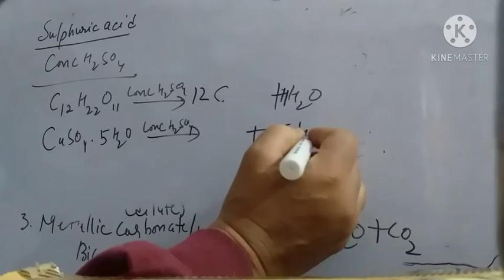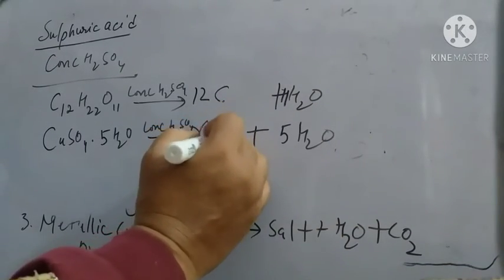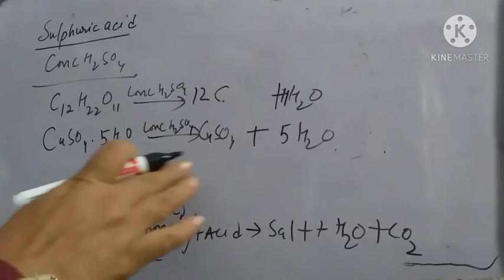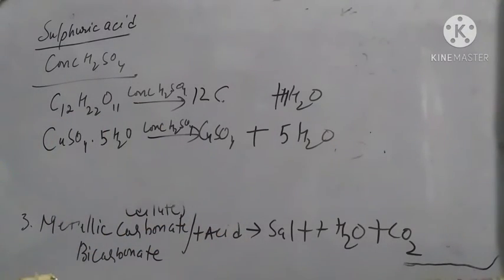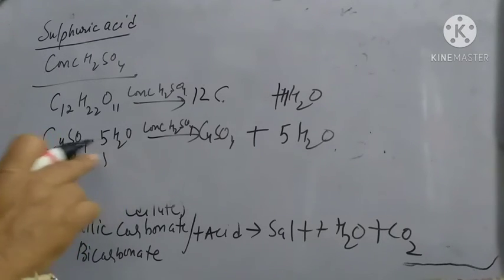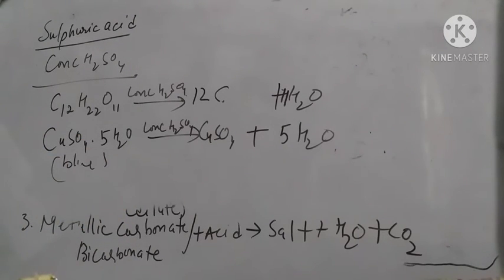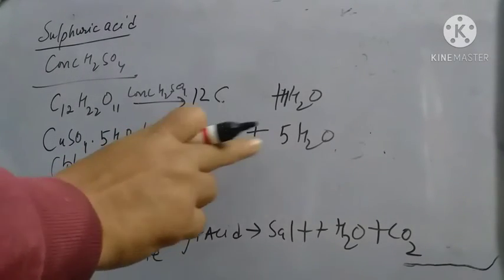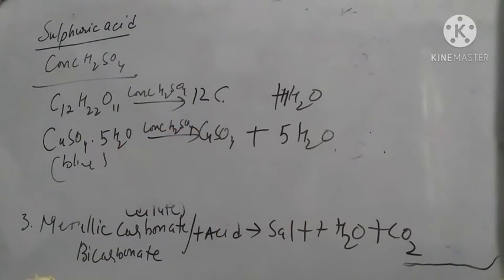Now we will get the copper sulfate as a white anhydrous salt. So the water of crystallization is removed completely. Earlier the copper sulfate had a blue color and was a hydrated salt containing 5 molecules of water. Now it has changed to an anhydrous salt and the 5 molecules of water are removed.